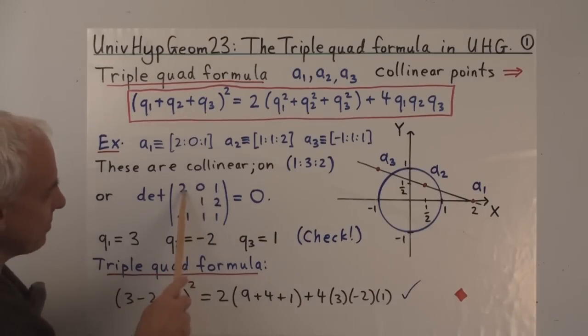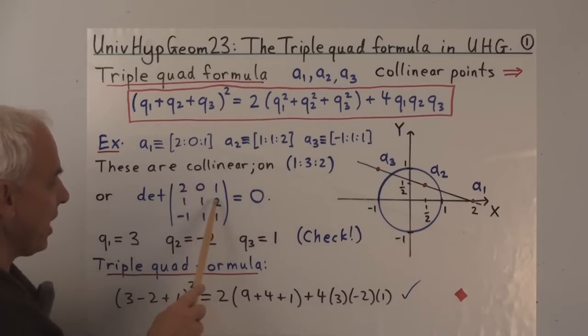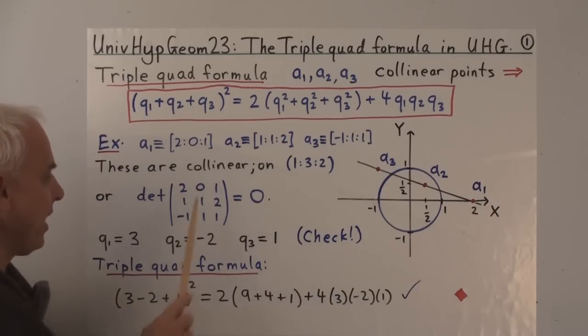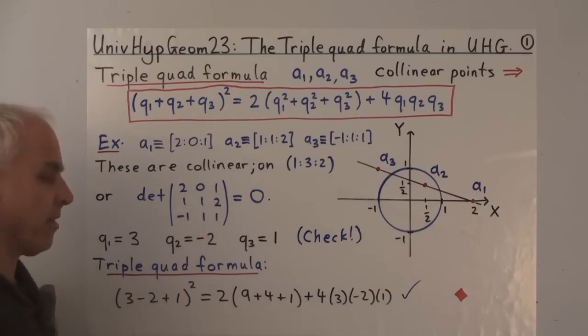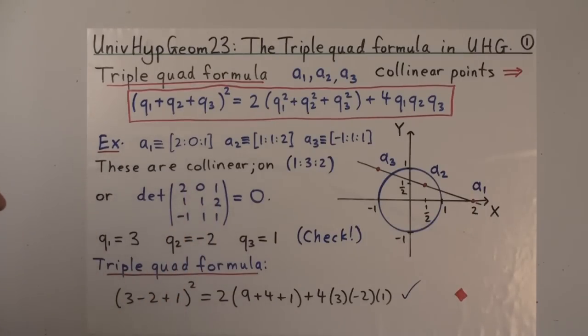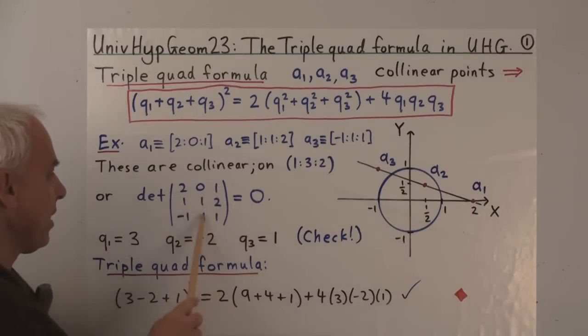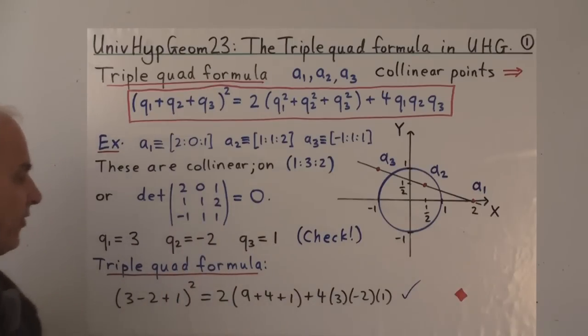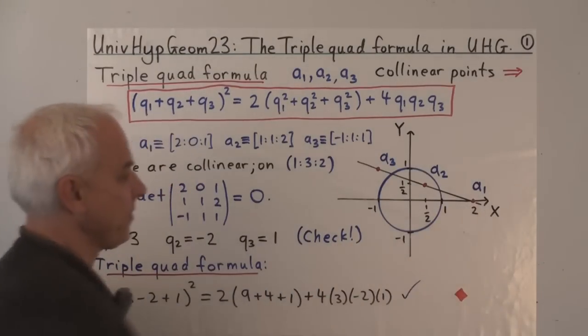And then there's a corresponding thing when you move everything over to the right. So 0 times this times this minus this times this, but that's all 0. And then plus 1 times 1 minus minus 1, or 2. So altogether we're getting 2 minus 4, that's minus 2, and then plus 2 equals 0. So these 3 points are collinear.